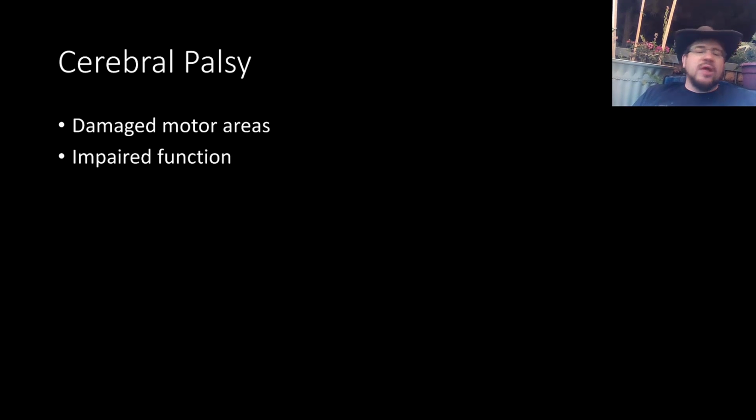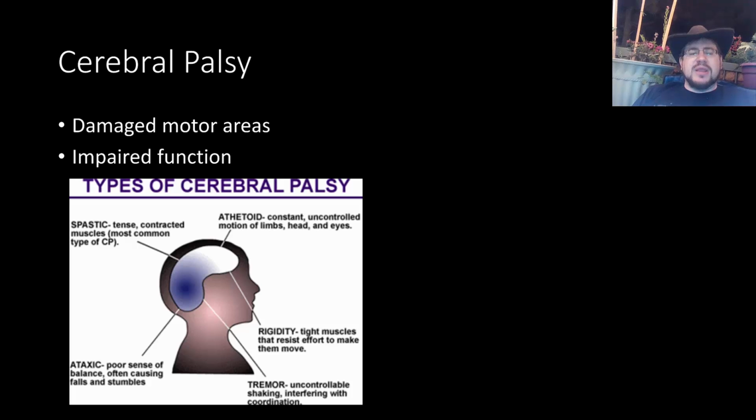So you have damaged motor areas of the brain, and this can cause a number of different impaired functions based on which motor areas are impaired and how bad the impairment is. So this is a nice little image. I like it. You absolutely do not have to remember the names of these things.